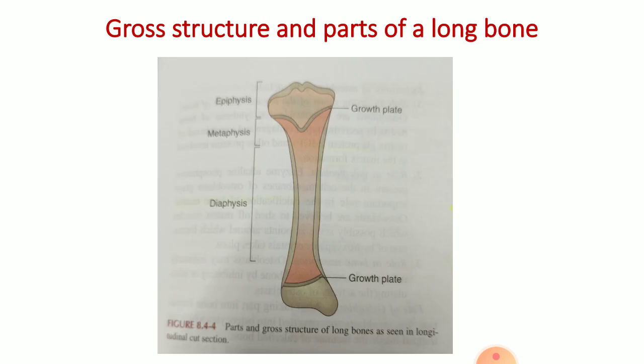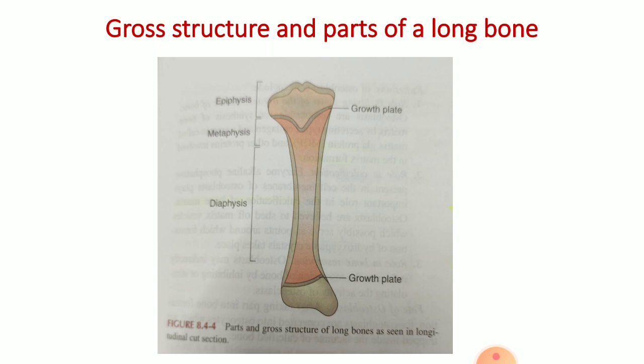Now after knowing about calcium balance, let us discuss something about the structure of bones. From the histological discussion in anatomy, you all know that a long bone has certain parts. At two ends there are two growing parts or growing ends called epiphysis, and in between the portion of the shaft is called diaphysis.